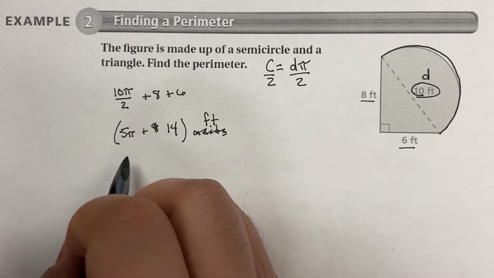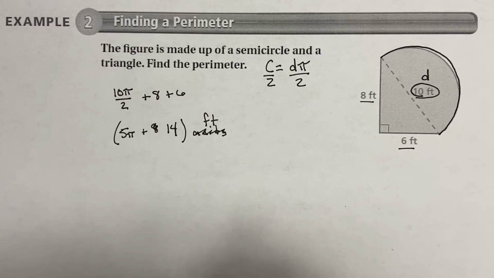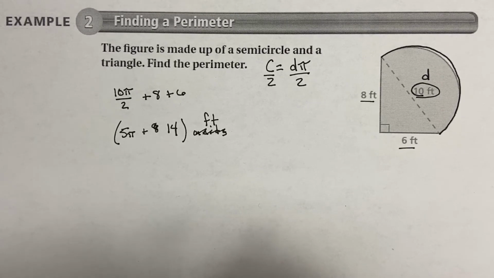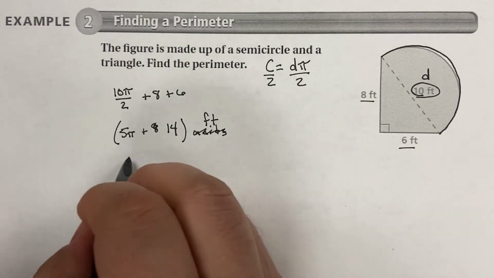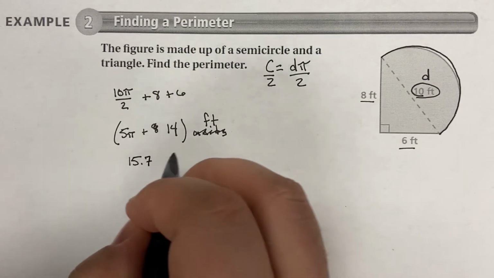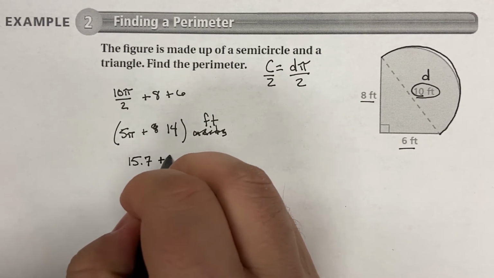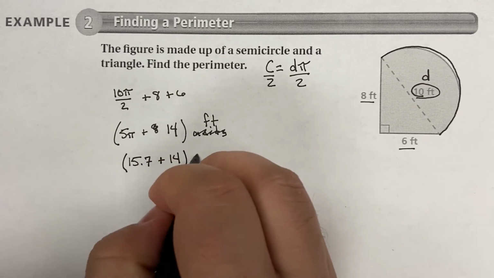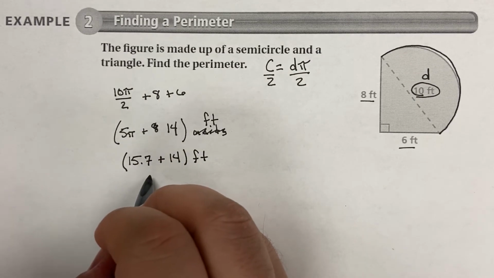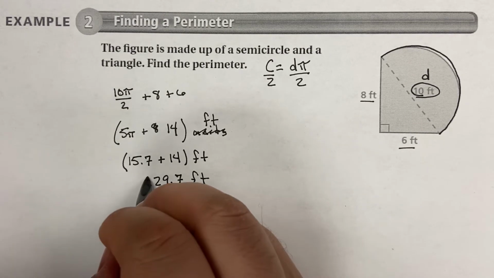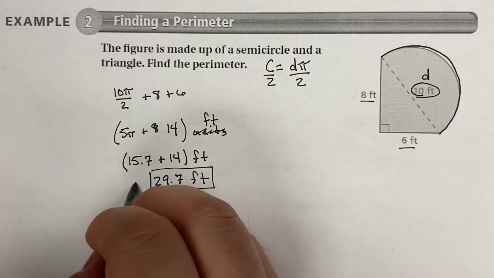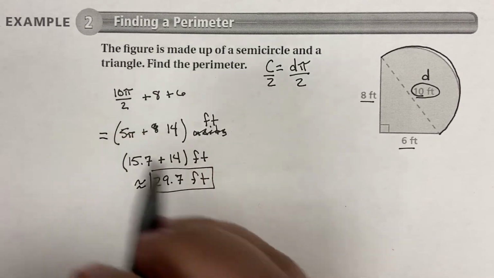And 5 times pi is going to be 31.4 divided by 2. 31 divided by 2 is 15.5 and then 0.4 divided by 2 is 0.2, so it's 15.7 plus 14 feet, or 29.7 feet.